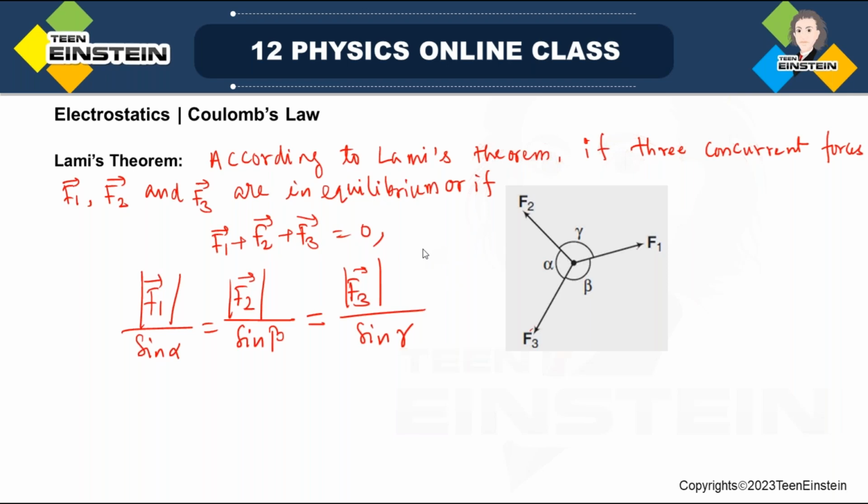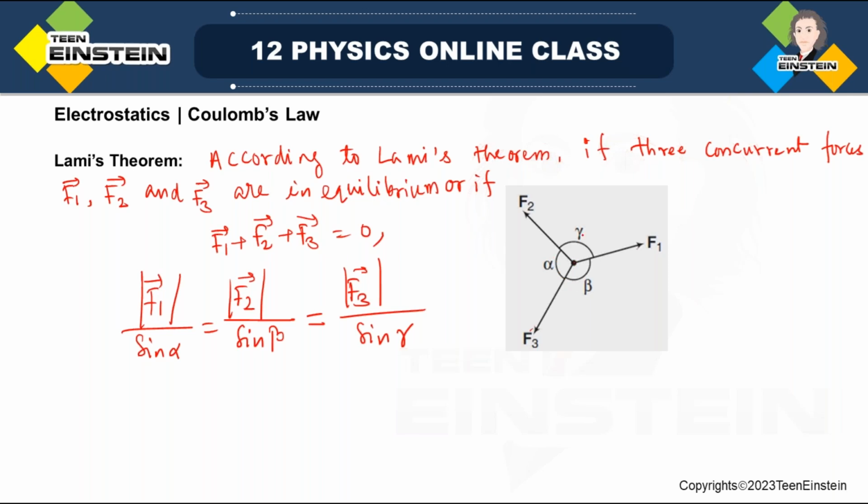Obviously, they are passing through the same point, acting at the same point. So those forces are called concurrent forces. As you see here, F1, F2, and F3 are concurrent forces acting at the same point.